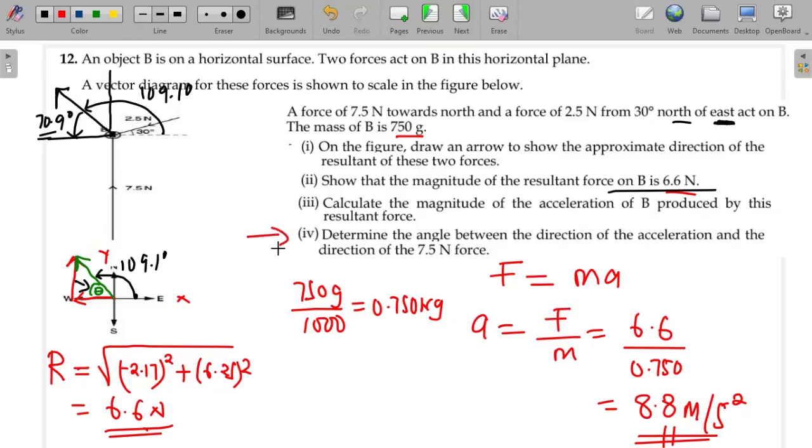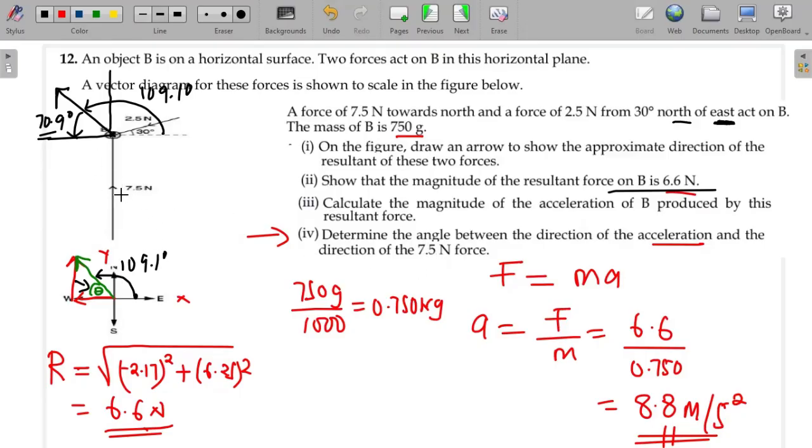And then on part 4, they were saying, determine the angle between the direction of the acceleration and the direction of the 7.5 newton force.